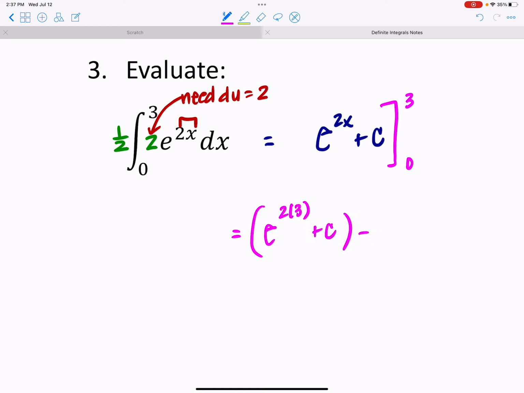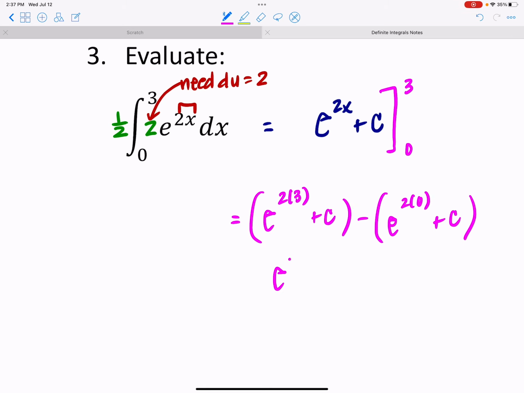And then let's plug in the 0, so e to the 2 times 0 plus c. This is going to be e to the 6th power plus c. And then minus 2 times 0 is 0, and e to the 0, or anything to the power of 0, is 1.